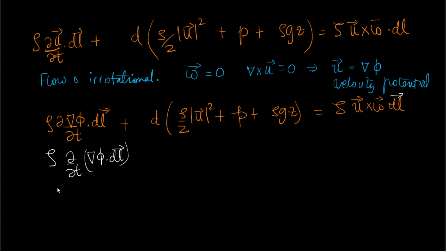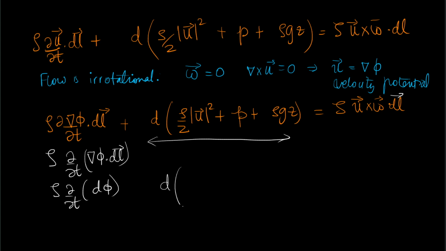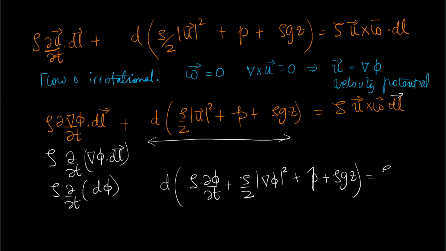This is nothing but d phi. So this becomes rho del t of d phi. And already we have a d term over here, so we can combine this. So essentially it becomes d of rho del phi by del t plus rho upon 2 mod gradient of phi square plus p plus rho g z is equal to rho u cross omega dot dl.